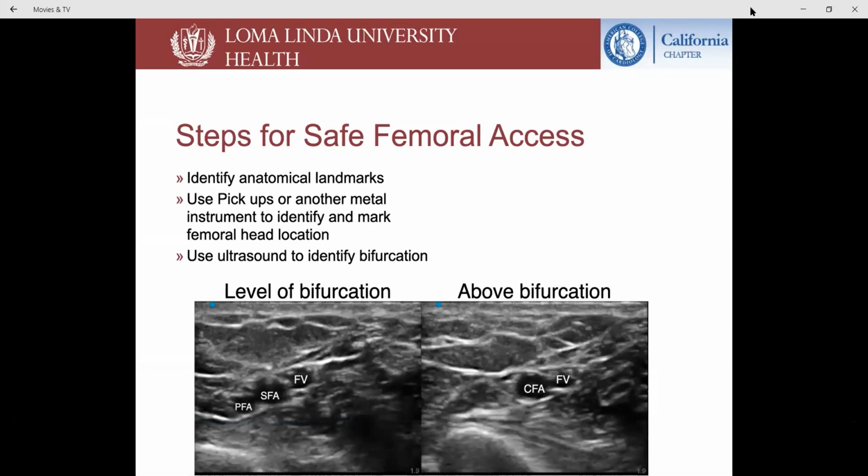Once you find that, you can either use a marker to mark that location or just mentally know where that bifurcation is, and then scan back up until you get to where the CFA is. Then you can use your other landmarks so you know where the lower border and the upper border of where you need to stick are. So now you know exactly where you need to go to get perfect access.